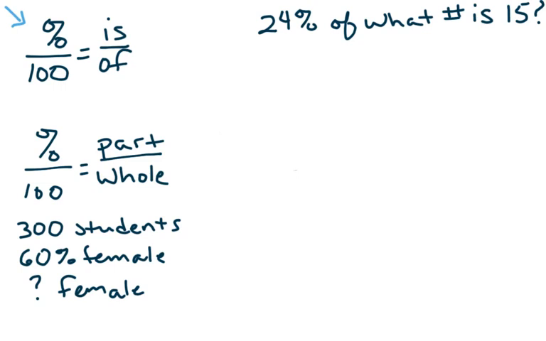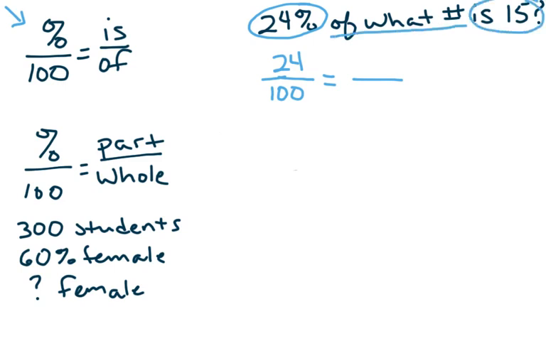So for this problem up here, we have 24% of what number is 15. So all you're going to do is plug everything in. And we know that percent goes over 100. So the percentage in this problem is 24%, so they put that over the 100. Then you group the rest of your words. It says, of what number is 15?